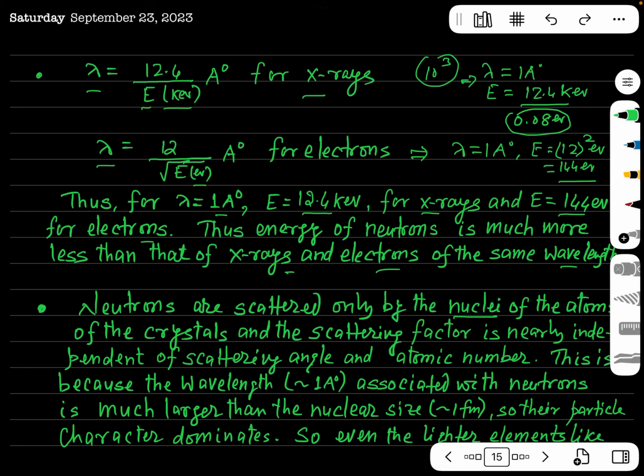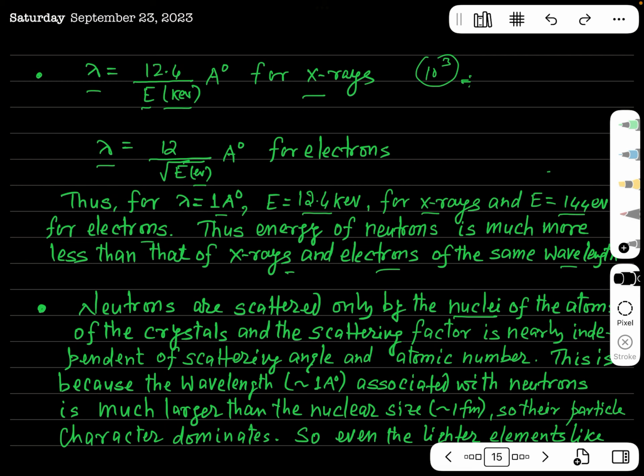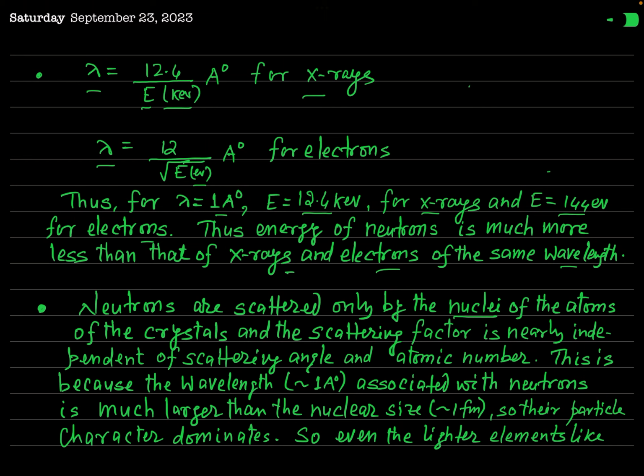Actually, you have seen in the previous lecture, I am just marking it here. You can see the scattering factor in case of electron diffraction, which was obtained by Mott. This formula I wrote in the previous lecture in the concept of electron diffraction, that Fe represents the scattering factor for electron diffraction.